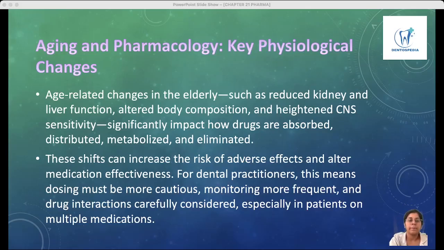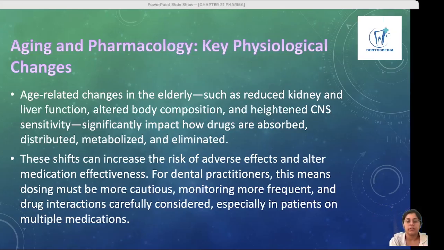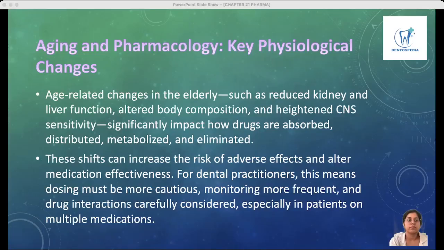So, aging and pharmacology. Age-related changes in the elderly, such as reduced kidney and liver function, altered body composition, and heightened CNS sensitivity, significantly impact how drugs are absorbed, distributed, metabolized, and eliminated.